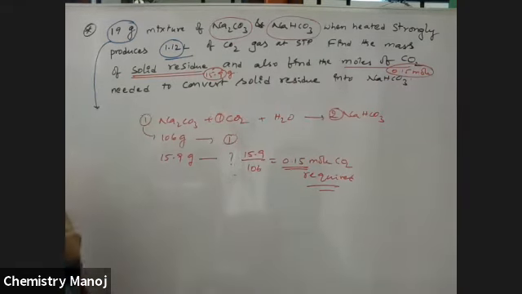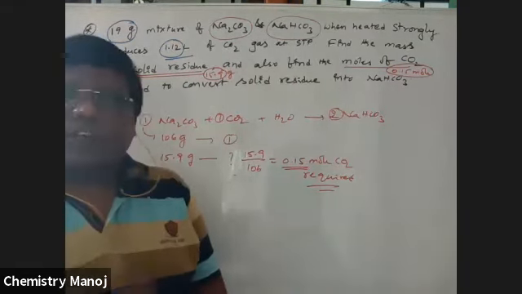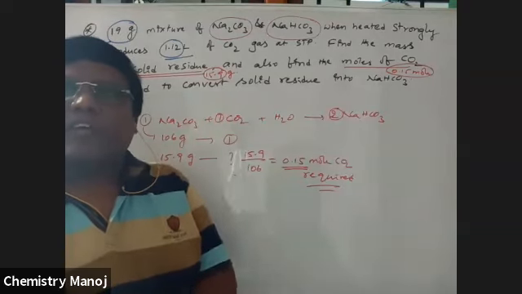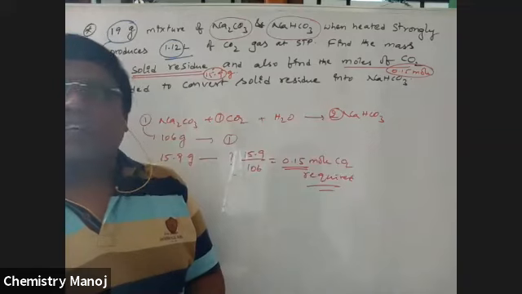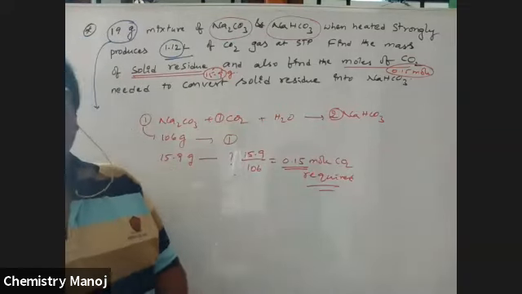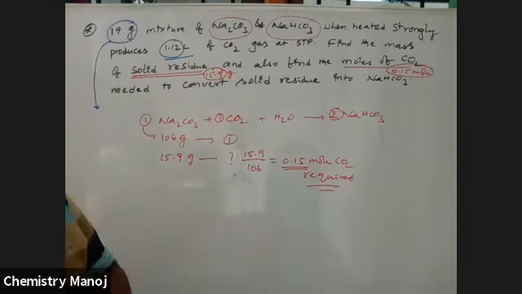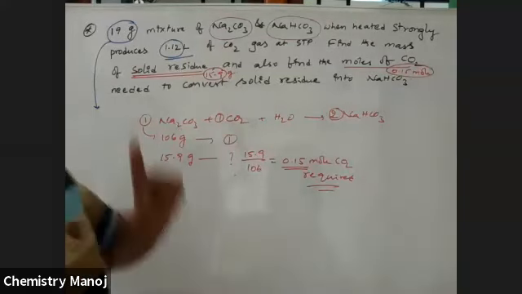Everywhere in today's problems I am taking consecutive, sequential reactions because these are very, very important for your advanced exam. That's why I am doing such problems. Listen carefully, very important.